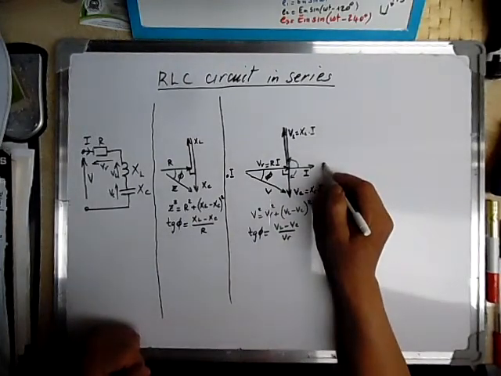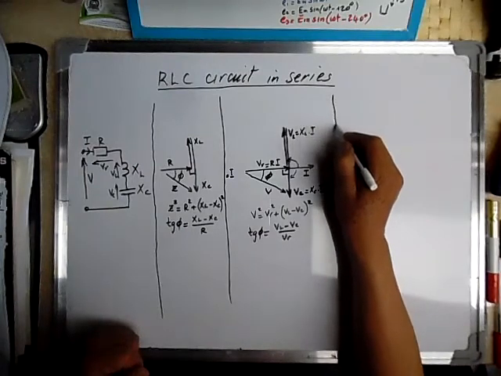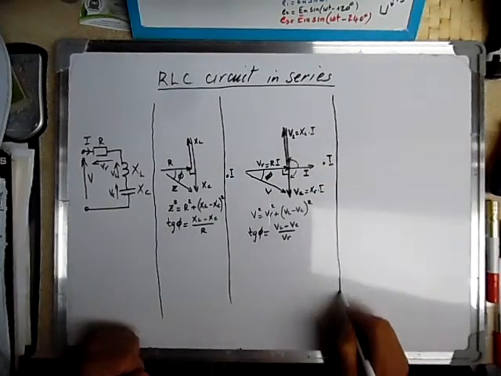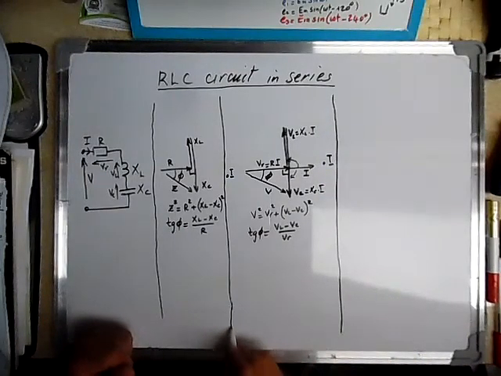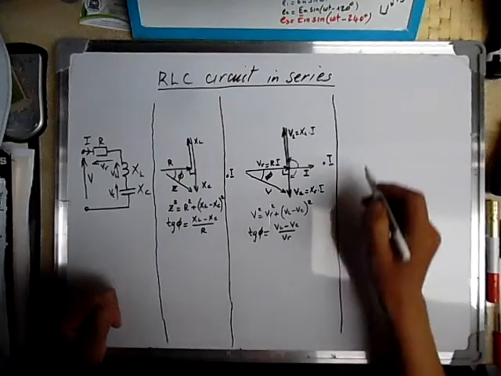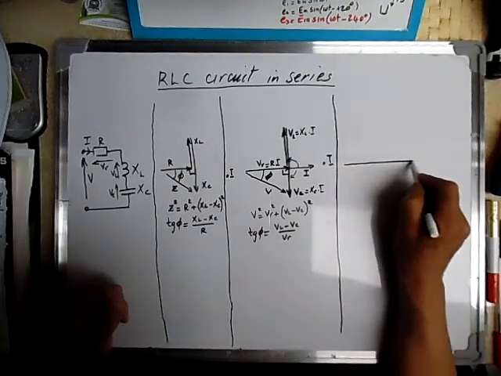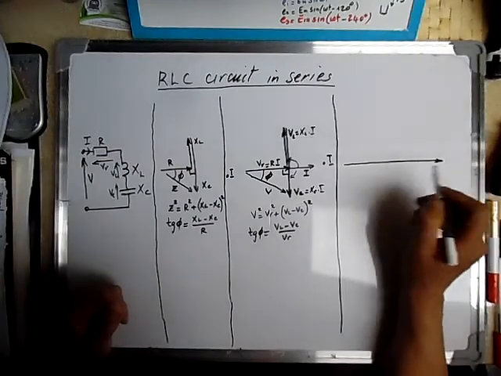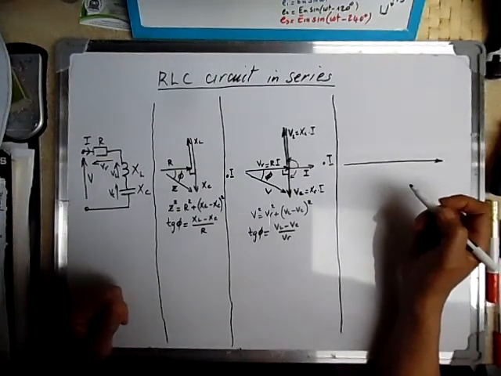If we multiply again by I, we obtain the power vector diagram, which is what we are interested in. I have so many formulas that I can put.